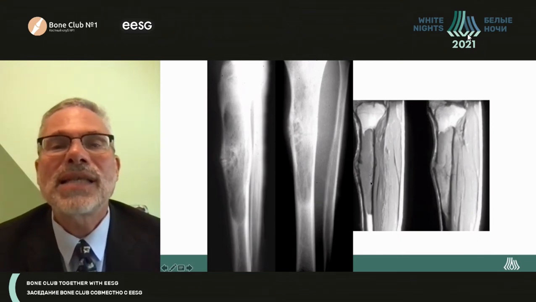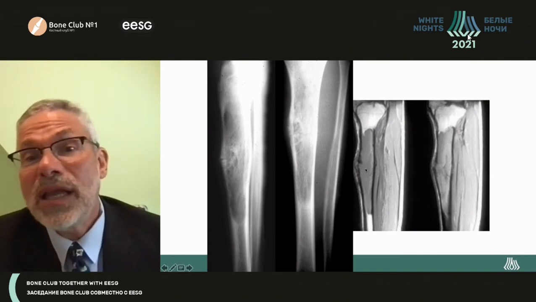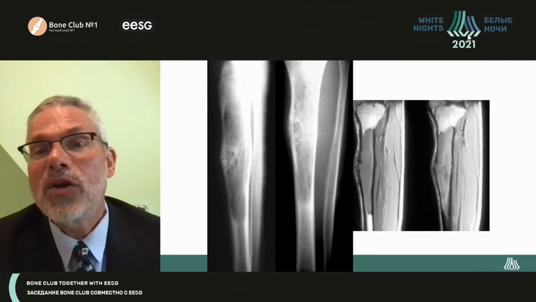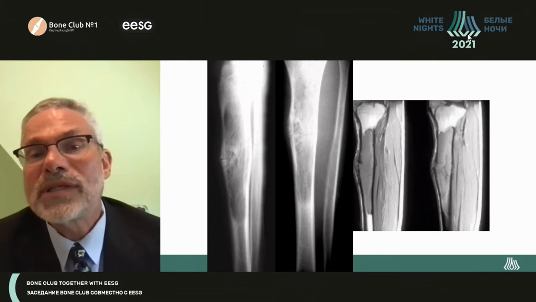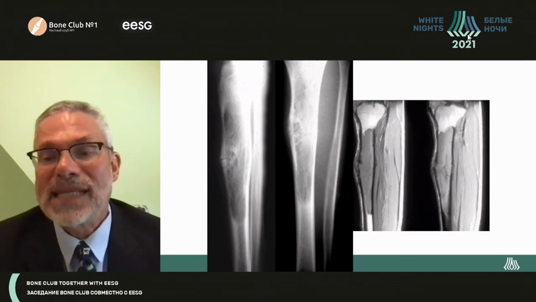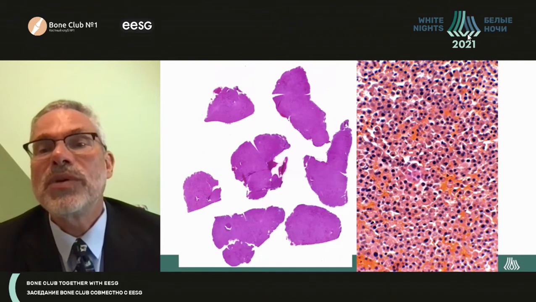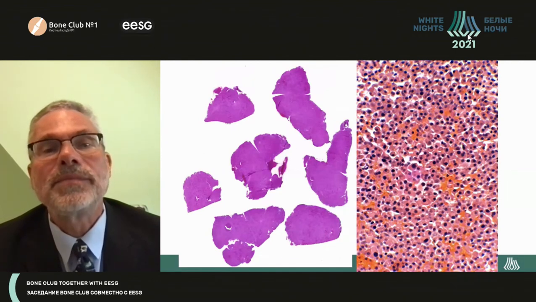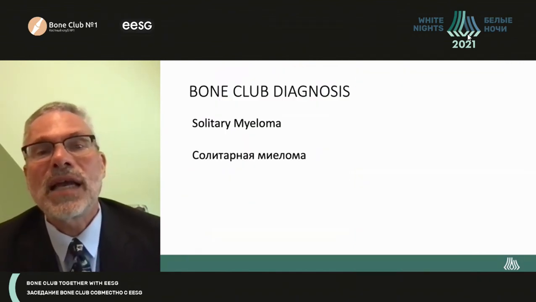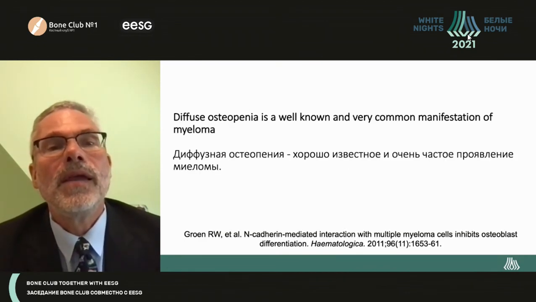And on sagittal proton density and T1 MRI, we see this lesion is quite homogeneous, and the differential diagnosis radiographically would range from fibrous dysplasia even to a simple bone cyst. But on pathology, we see sheets of plasma cells, and this was solitary myeloma plasmacytoma.